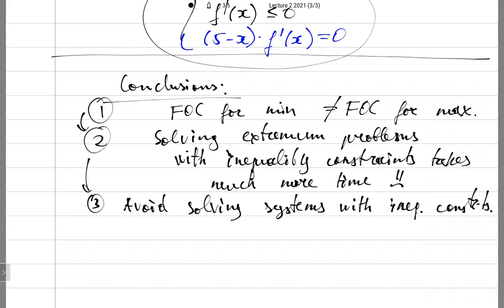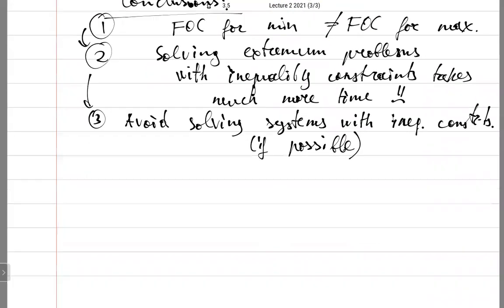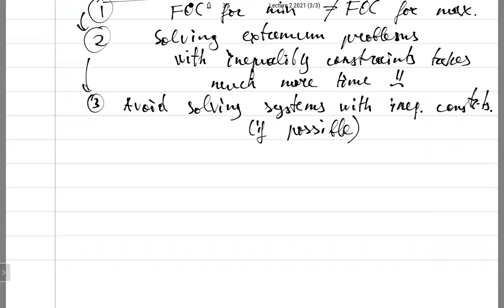I'm arriving at the exam and there is a problem with inequality constraints. How can I avoid it? And advice: sometimes it's clear from the statement of the problem. Avoid solving systems with inequality constraints if possible. Maybe it's better to add that sometimes it's possible to ignore inequality. So I will provide an example of what I mean.